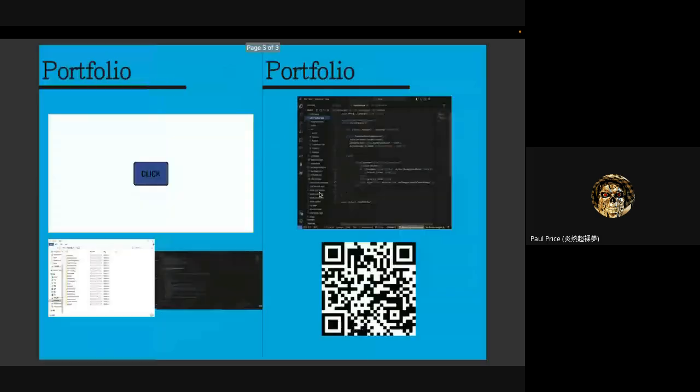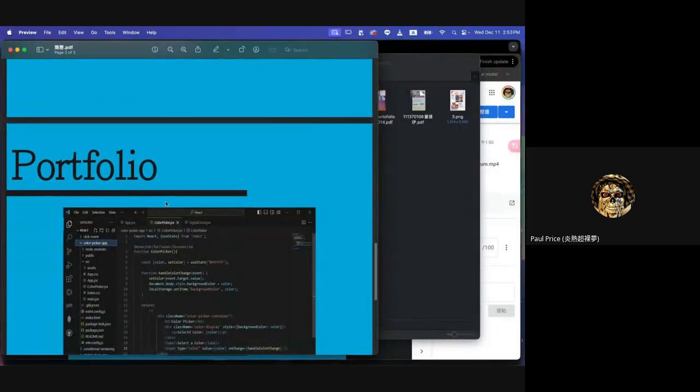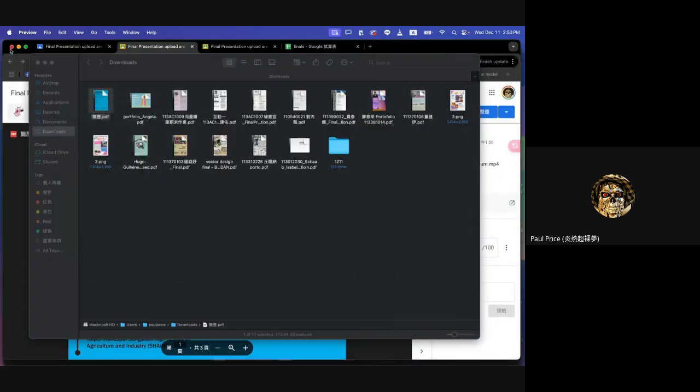For this area, I don't really understand it, because I probably need some titles instead of just "portfolio" and "portfolio", so people will understand what these images mean. You have to be more specific and clear. And I don't see the reason for the line in the middle. So that would be it. Okay, thank you for your presentation.